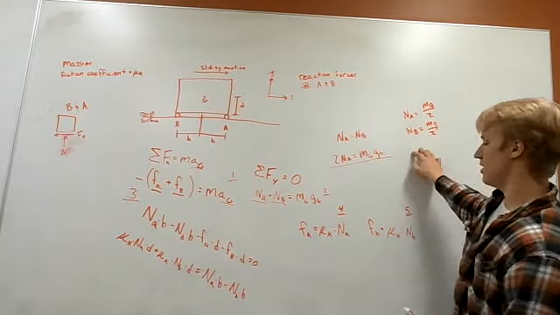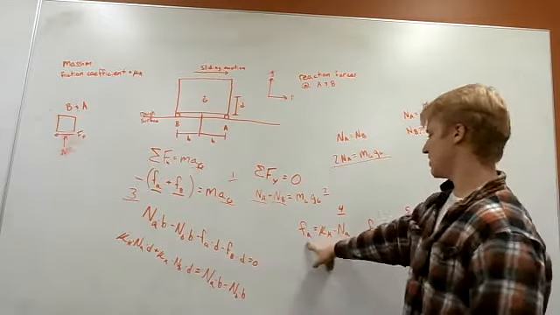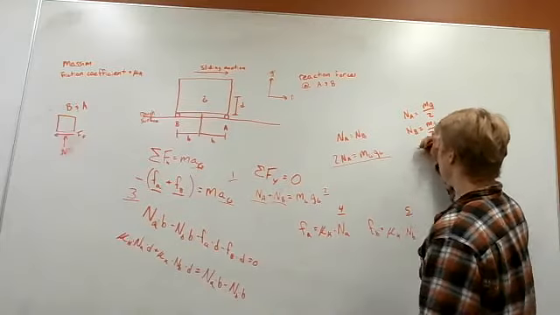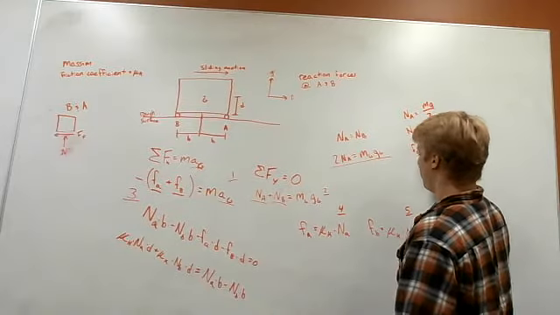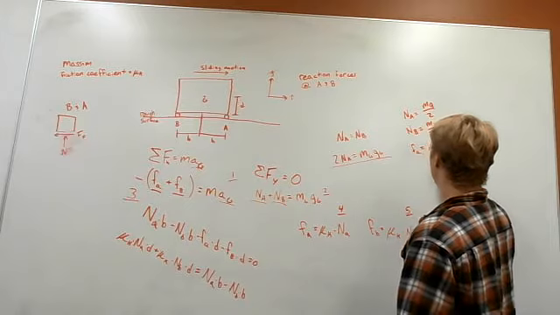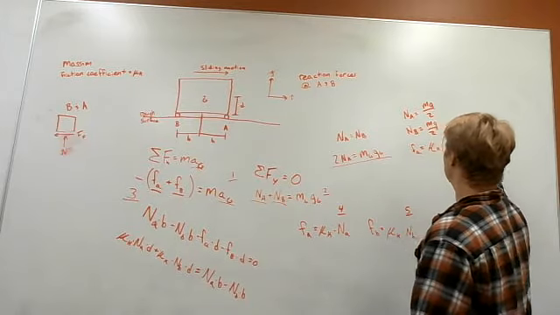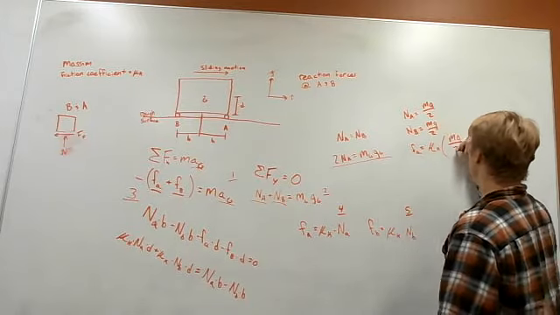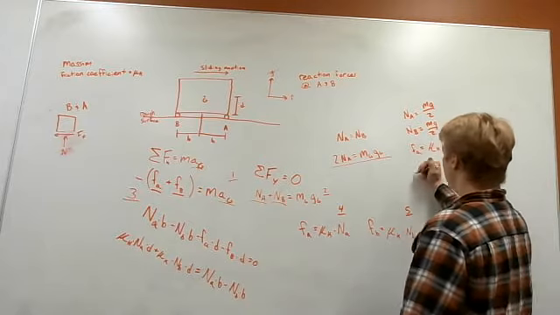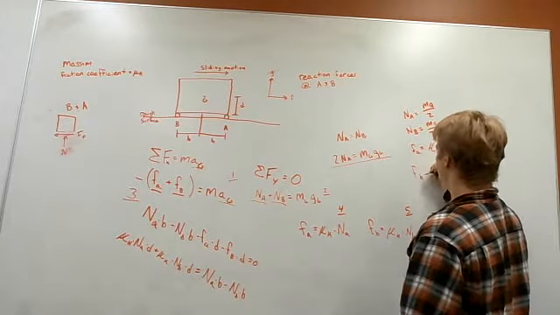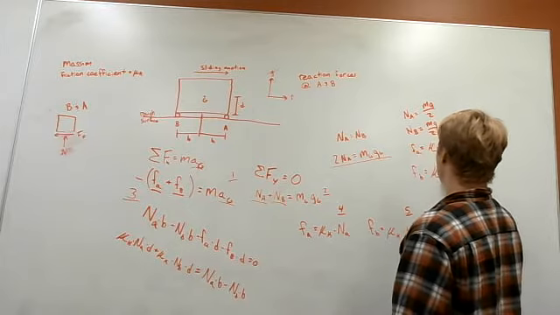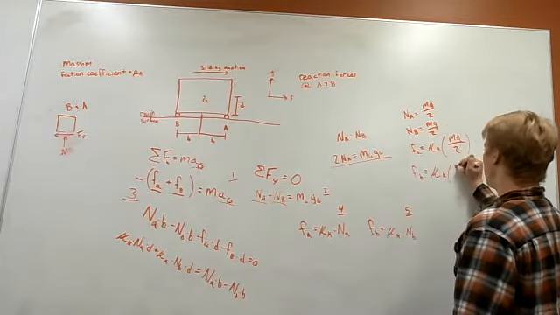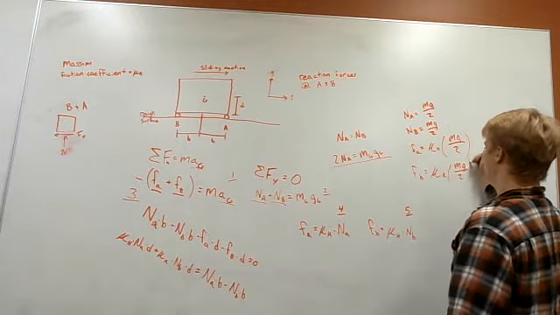Then with this, we can plug it into our friction calculations, and then we can get FA equals mu K times mg over 2, and that FB also equals mu K times mg over 2.